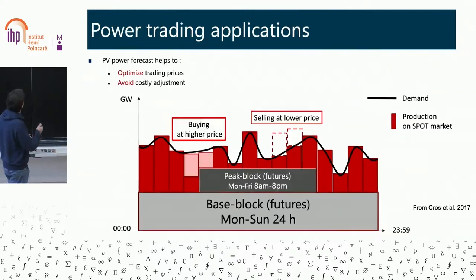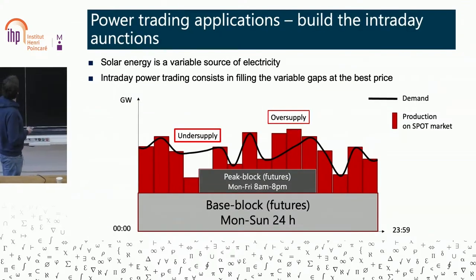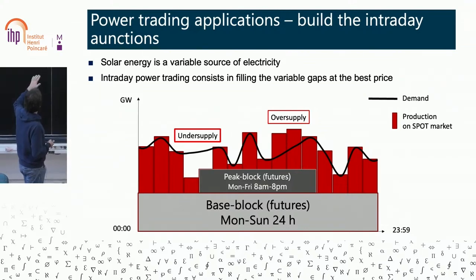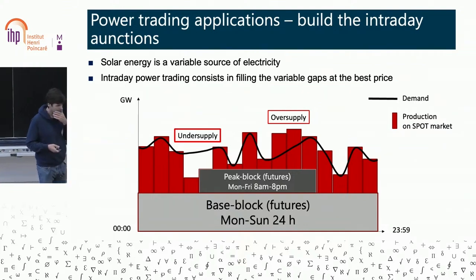So this gray rectangle, there is nothing much to say about it. It's programmed a long time ahead. But the red sticks are the production on spot market, where we are on a very short-term scale.